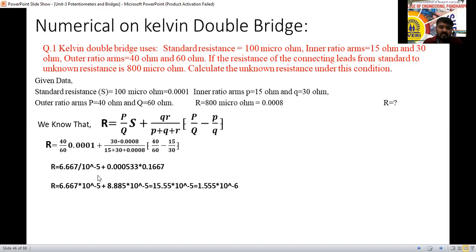By simplifying with the calculator, we get 1.55 into 10 to the power of minus 6. Minus 6 is nothing but how much? Is that micro, milli, kilo or mega?